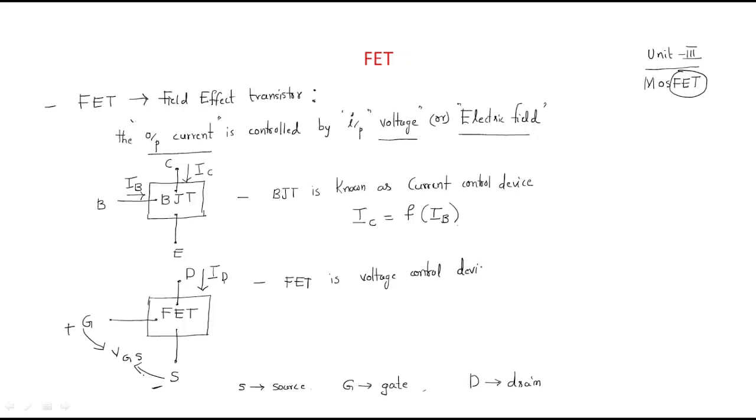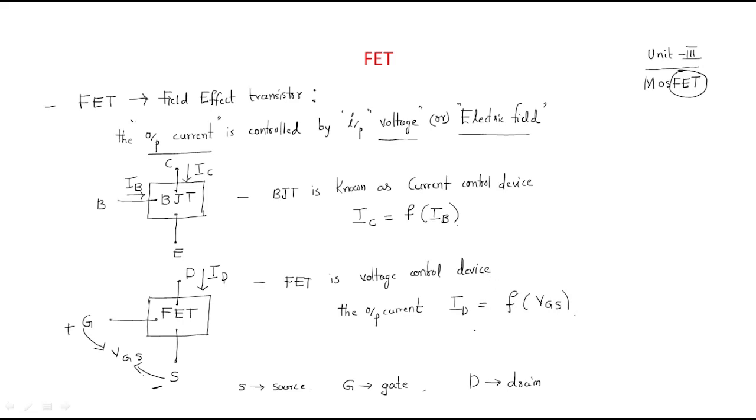Why is it called a voltage control device? The output current, the drain current ID, is controlled by the input voltage VGS.